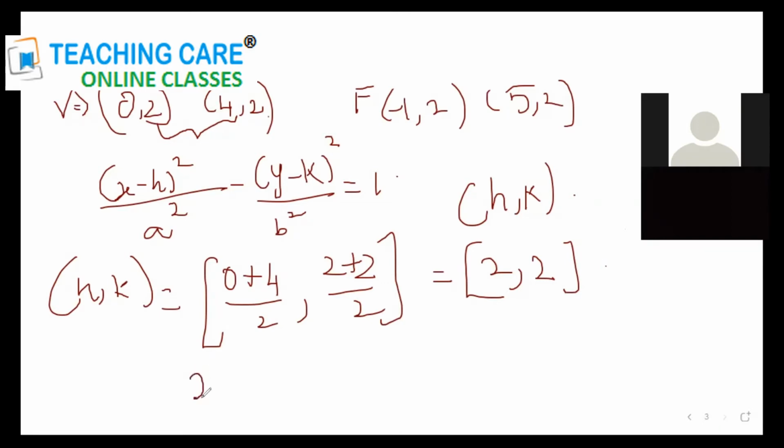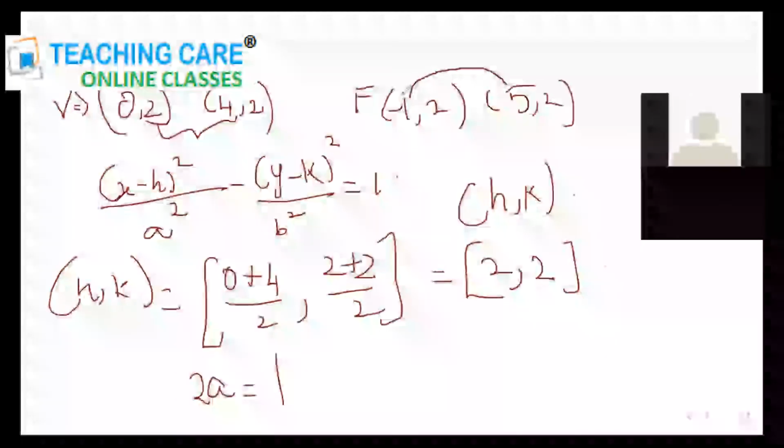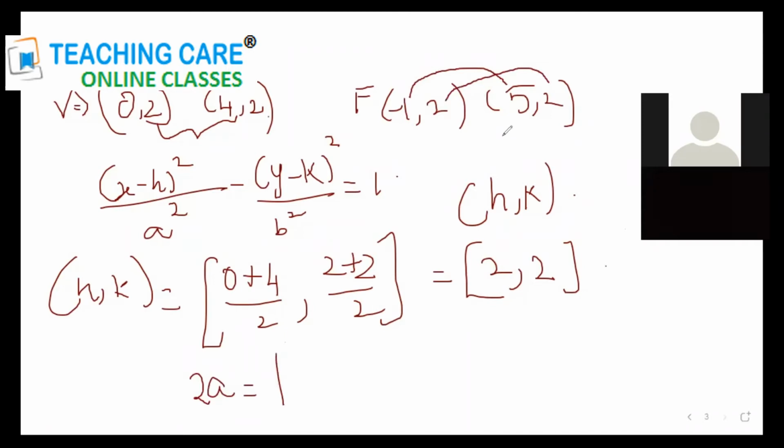So 2a will be whatever distance we get between these two points. Just subtract these two. So 2 minus 2 is 0, minus 5 plus 1, that would be 6. Okay, got it all? Understood? Yeah.